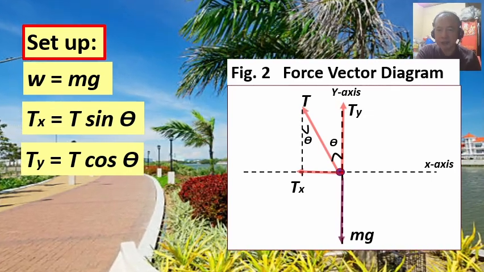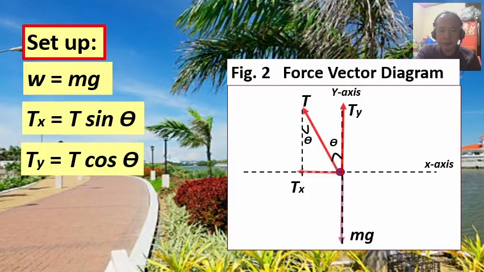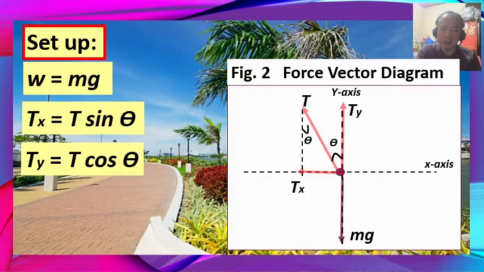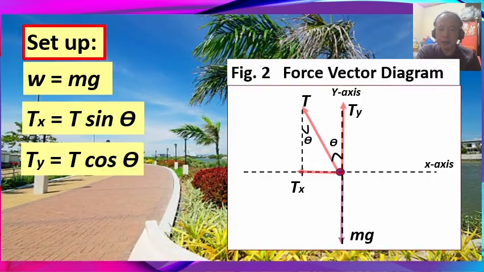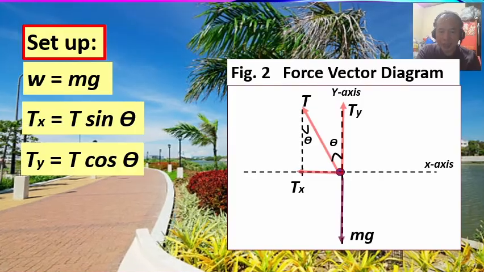And of course, the vertical component labeled as capital T sub y, its direction is in the positive y direction, and it is expressed as the product of capital T and the cosine of the angle theta.